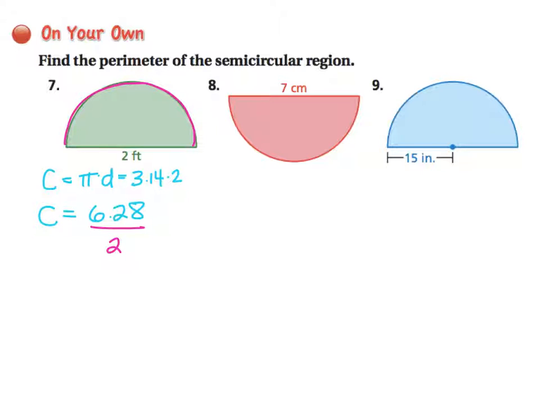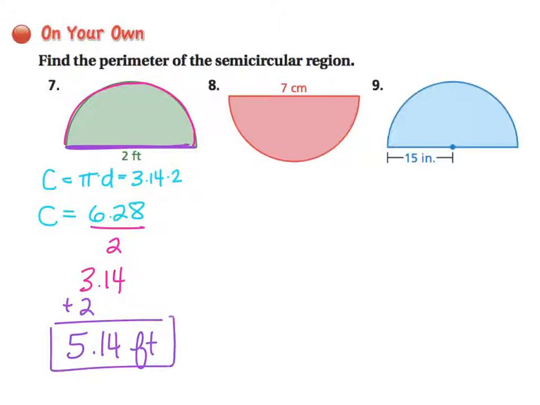So I have 6.28 divided by 2, which gives me 3.14. And to that, I need to add my straight edge. So I'm going to add the 2 feet to that. And all in all, I get 5.14 feet for my perimeter of the semicircle. Pause the video, complete 8 and 9, then come back and check your answers.